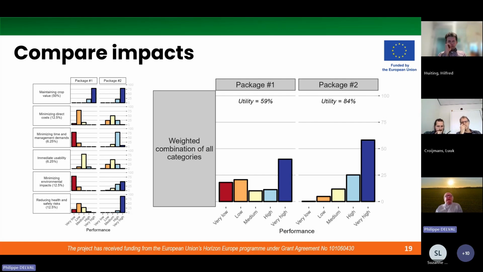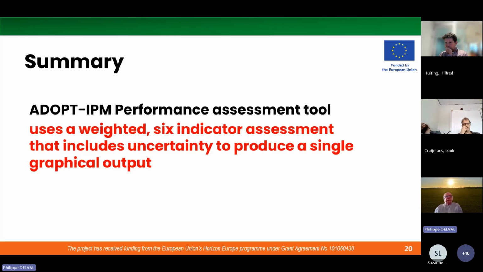So we can, at the end, compare the impacts of the 2 packages, the left one and the second one, and have an idea of the performance. You can see that on the right, you have the combination of all the indicators to form only one performance indicator, with the utility that represents the sum of confidence for each indicator.